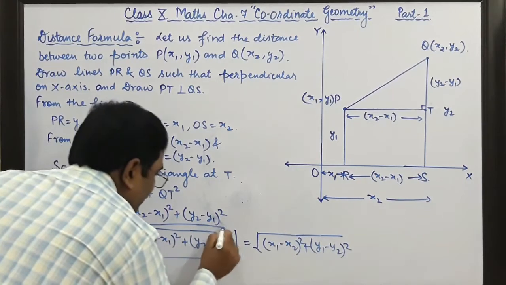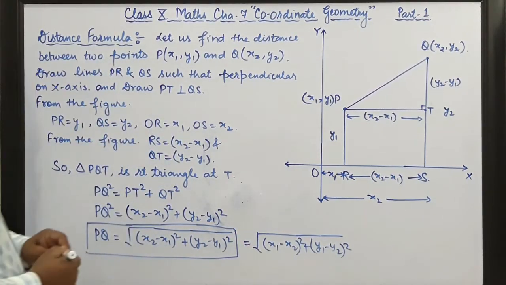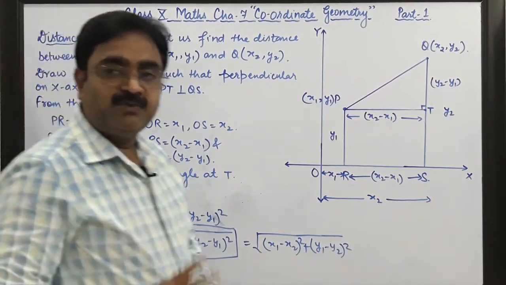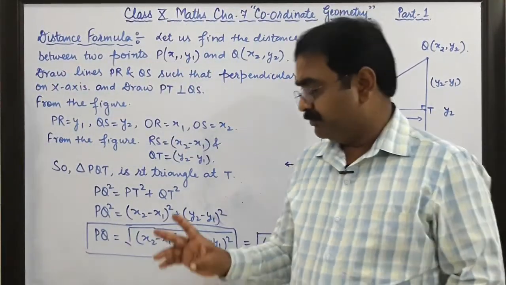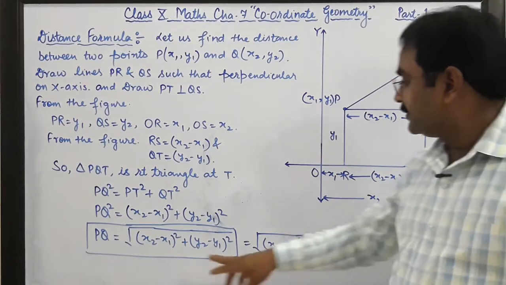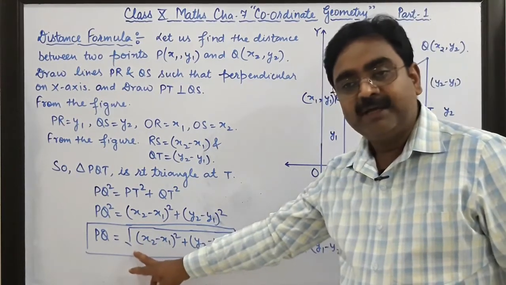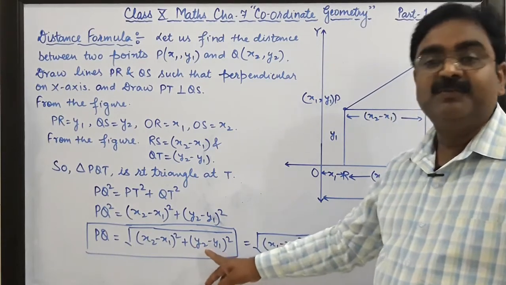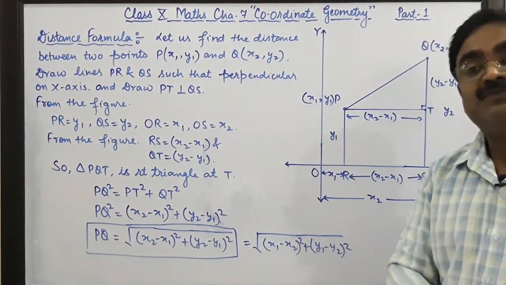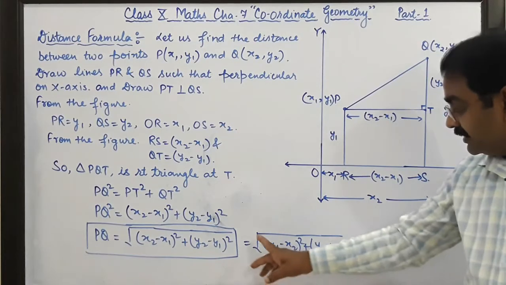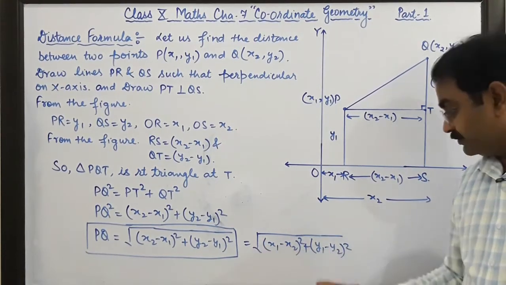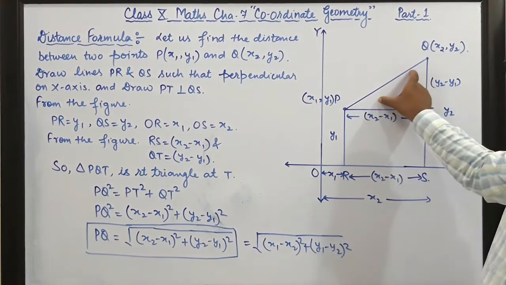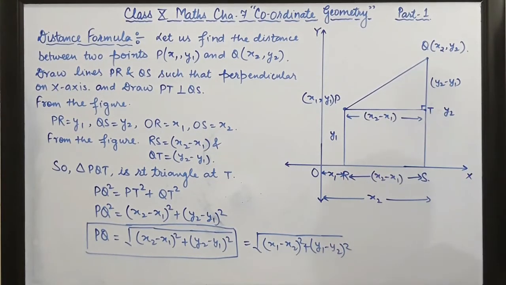That is the important part of this coordinate geometry, we got it. So the distance between 2 points PQ is the square root of (x2 minus x1) whole square plus (y2 minus y1) whole square, or this formula can also be written as the square root of (x1 minus x2) whole square plus (y1 minus y2) whole square, which is the distance between these 2 points.